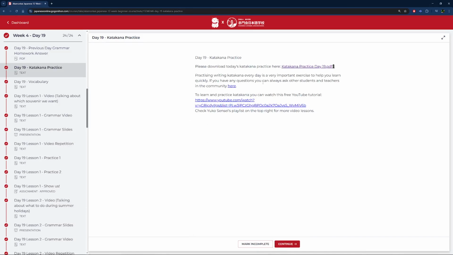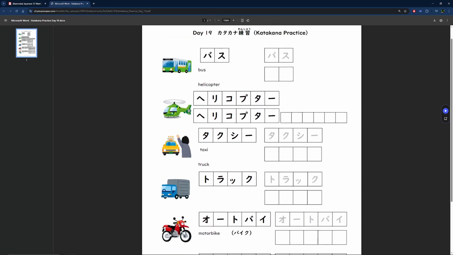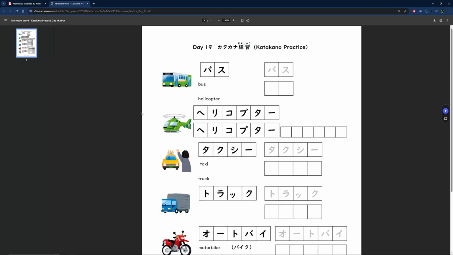All right. And we have a little katakana practice sheet. I said kanakata, bro. Who am I? Basu. Helicopter. Okay. Helicopter.